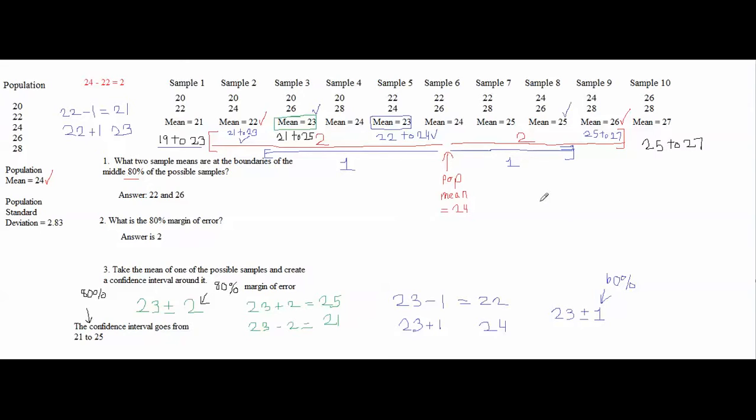Now let's see if we can use a z-score to actually give us a formula that can actually give us the margin of error that we already found.